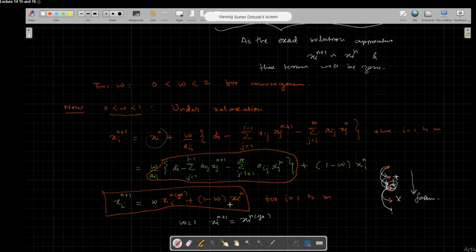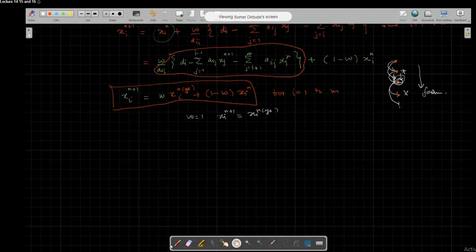Now in the under relaxation situation, omega runs from 0 to 1.